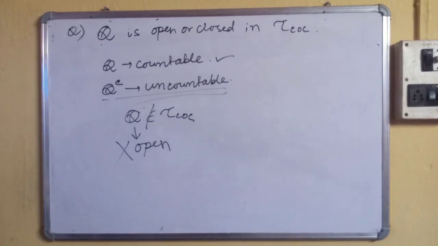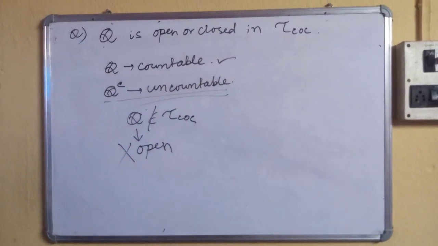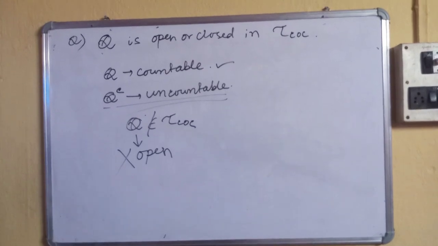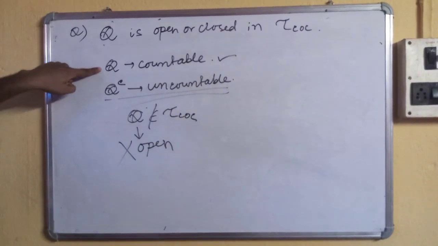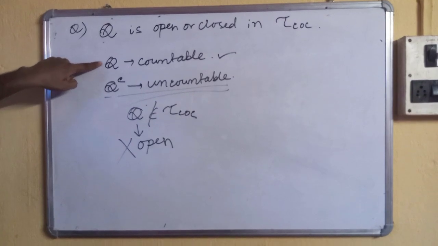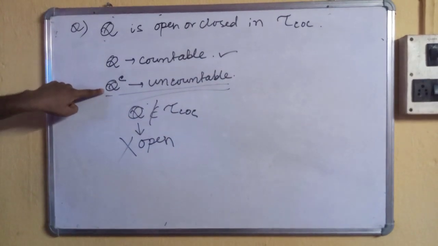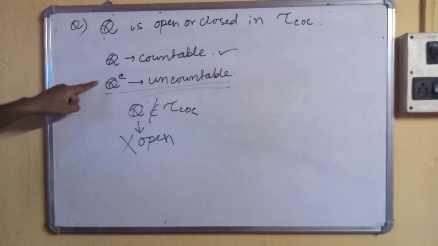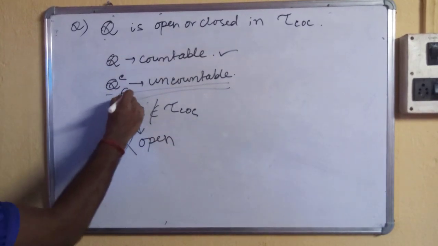So is it true that Q is closed? We know Q is not open, but is Q closed? See, what is a closed set? The complement of an open set is a closed set. To show Q is closed, we have to show its complement is open. Its complement means Q complement, and Q complement is in tau coc.